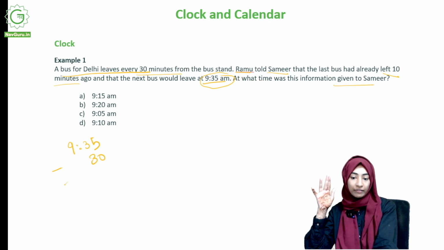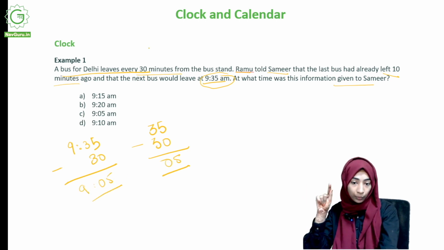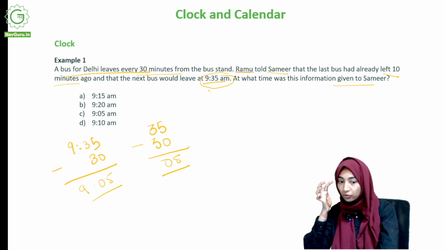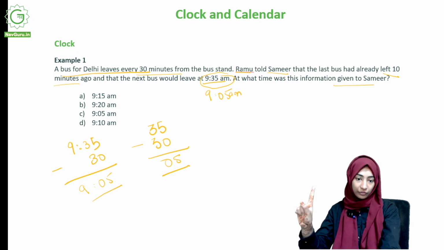From 35 we need to reduce 30 minutes. So that's 35 minus 30, which is 5. Basically 9:05. So now we know that the bus right before this left at 9:05 a.m. This is crucial information.